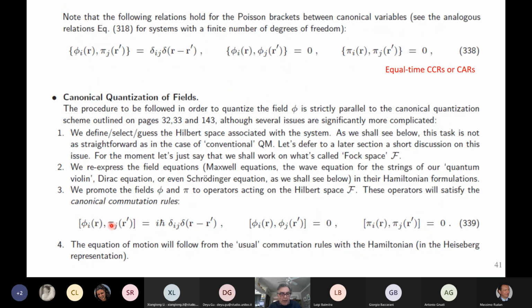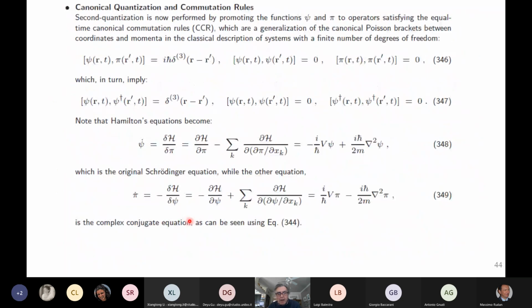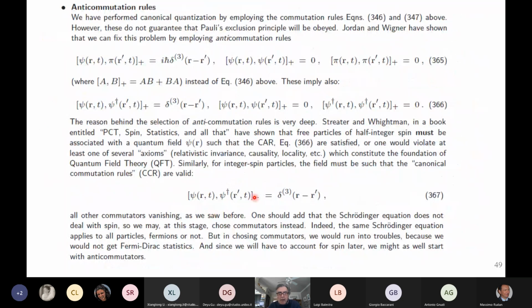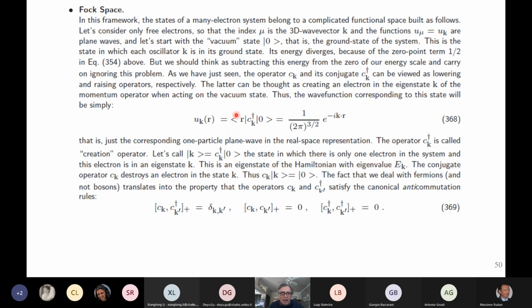So instead of phi pi minus pi phi, the anti-commutator will be phi pi plus pi phi, labeled here with a minus to indicate the commutator, and a plus for the anti-commutator. We will see that indeed we get what we wanted: Pauli's exclusion principle, the antisymmetrization of the wave function, and so Fermi-Dirac statistics for half-integer particles.